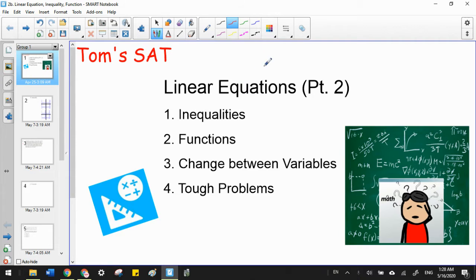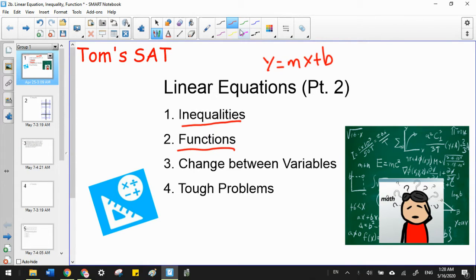Rather than focusing on linear equations where we have y equals mx plus b, today we're going to go a little bit deeper into the type of situations where we see linear relationships, but instead of it being equations, it's going to be inequalities. And we're going to talk about how linear equations can be represented in terms of functions.